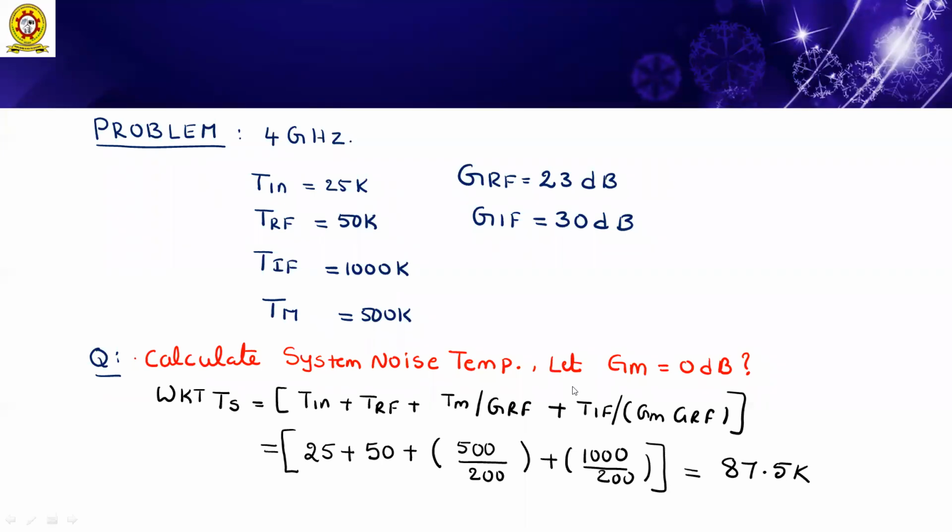Now if the mixer has a loss, what is the effect? The IF amplifier contribution would be greater. For such a case, the important consideration is that we take the mixer as minus 10 dB.